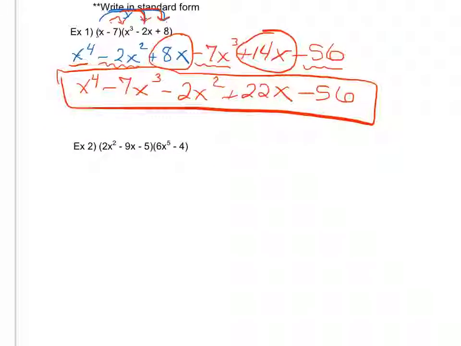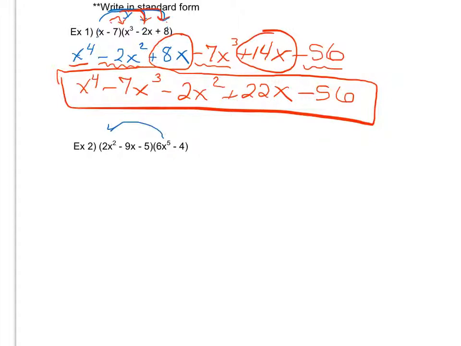Example 2, I'm going to do the same thing. Notice here, again, I have 1, 2, 3 terms, trinomial, 1, 2 terms, binomial. So I could distribute the trinomial into the binomial, but in my opinion, it feels like there's less to keep track of if I take the smaller one. So I'm going to take the binomial, although it doesn't, again, matter.